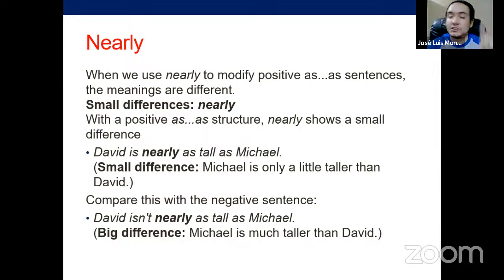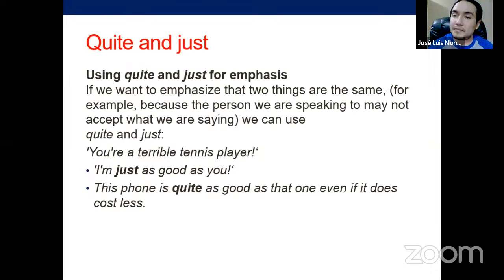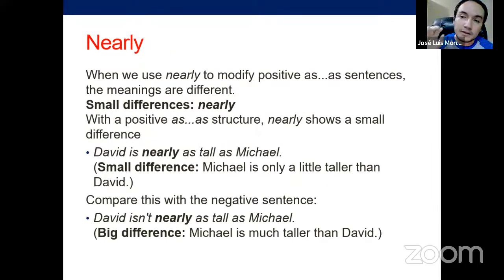Of course, you can change the adjective and the order of the people or the things you're comparing, but the idea is the same. So let's remember, nearly is to show that it's not equal, but it can be close to equal, or it can be very, very different.